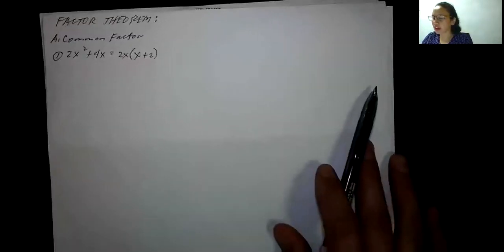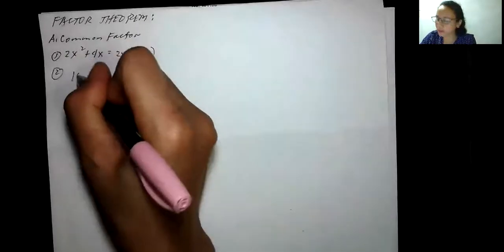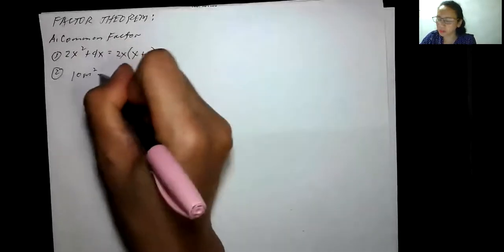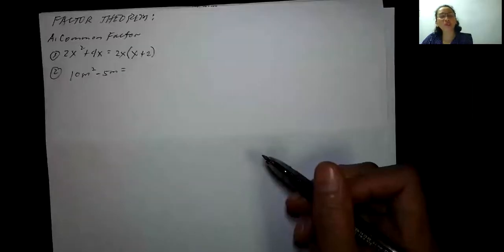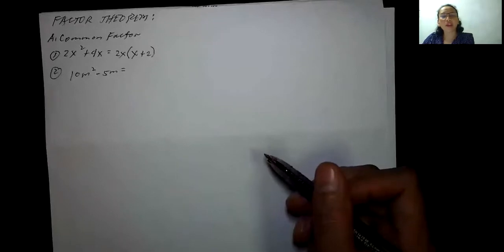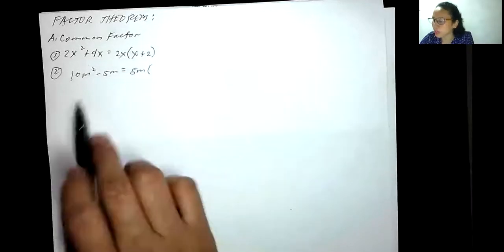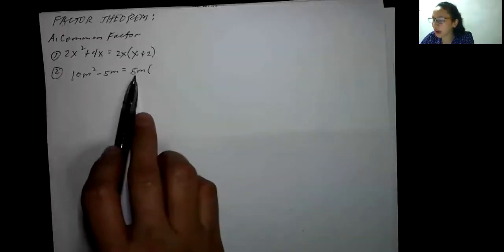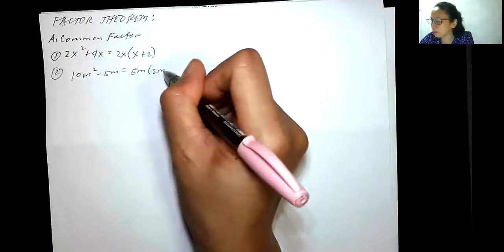So let us have another example, number 2. Let's say we have here 10m squared minus 5m. So common monomial factor between 10m squared and negative 5m is 5m. So 10m squared divided by 5m, the answer is 2m.